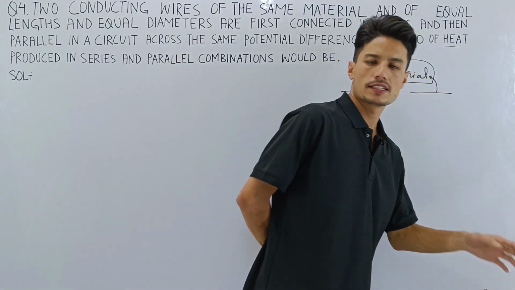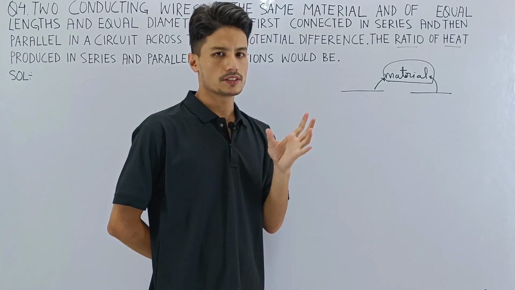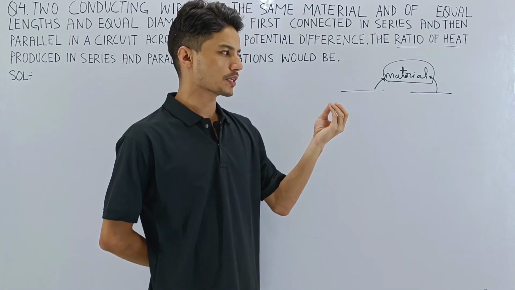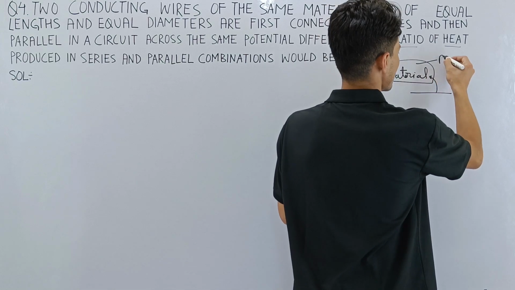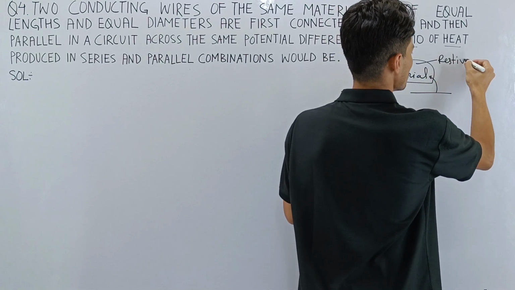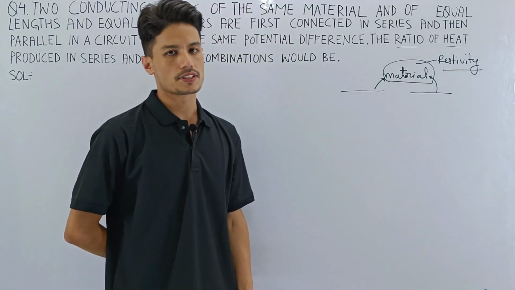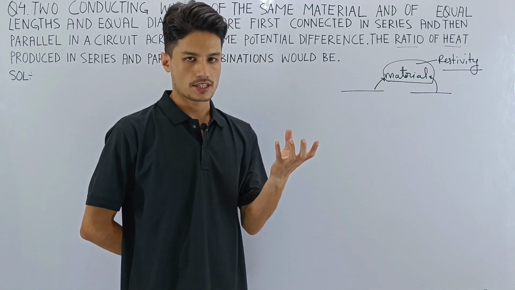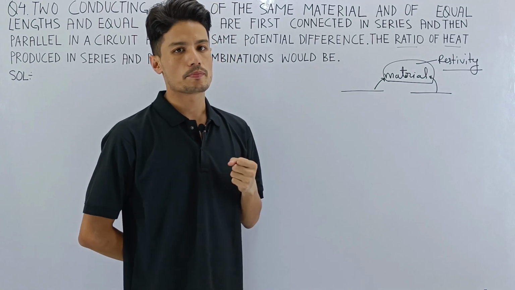Remember, in this chapter on electricity, material is spoken of with respect to the topic of resistivity. So whenever the word material is used, I want you to immediately shift your attention to the topic of resistivity.